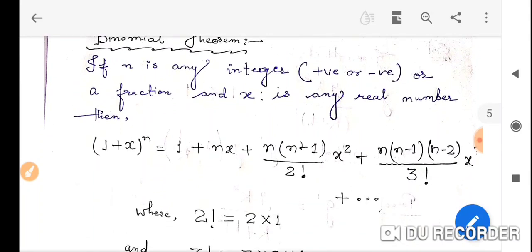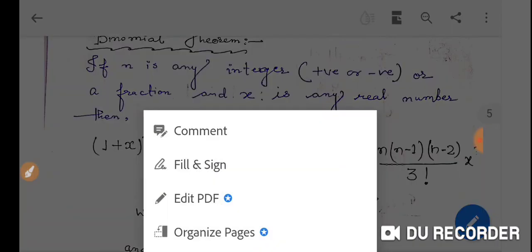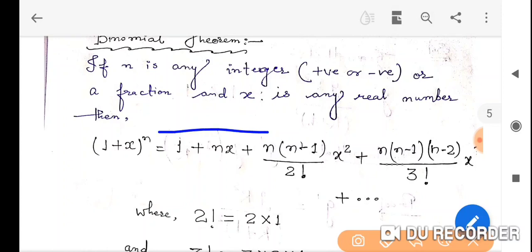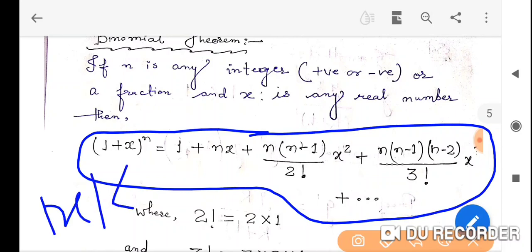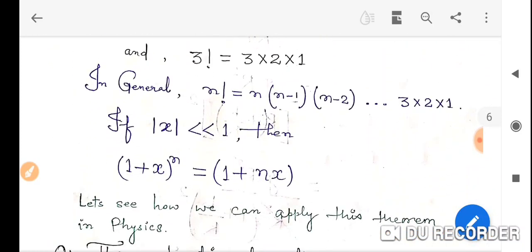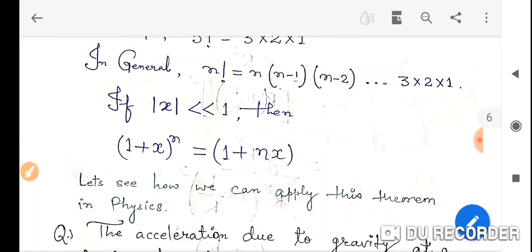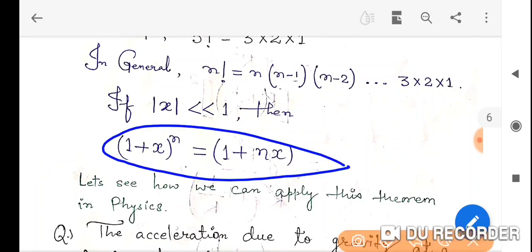This is the binomial theorem we have seen, and this will be applied further in physics. Its reduced form, when mod x is very less than 1, then the value of 1 plus x whole to the power n comes out to be 1 plus nx.